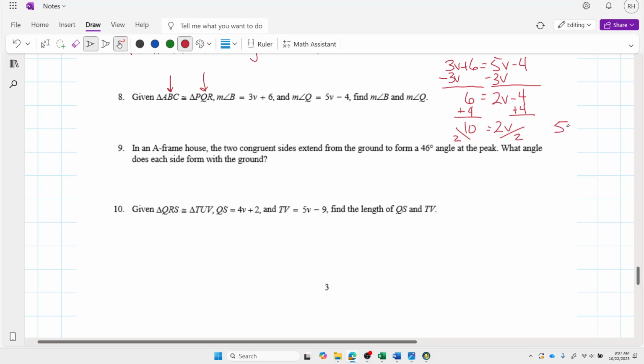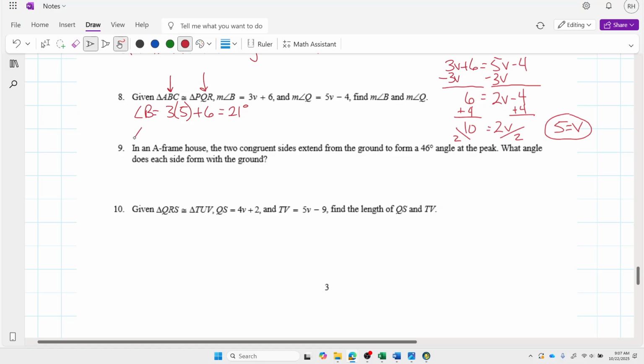And 5 is equal to V. So then we go back and substitute. Angle B is equal to 3 times 5 plus 6, which is 15 plus 6, so 21 degrees.